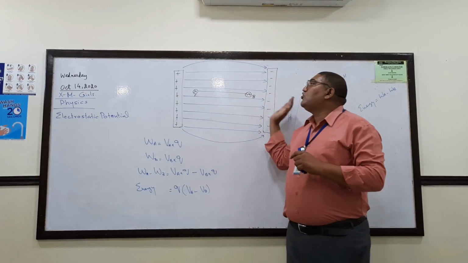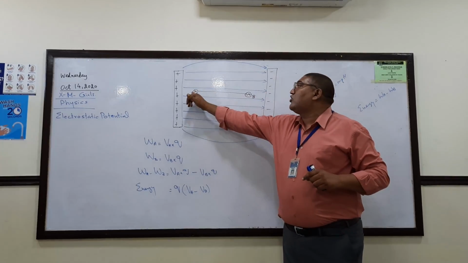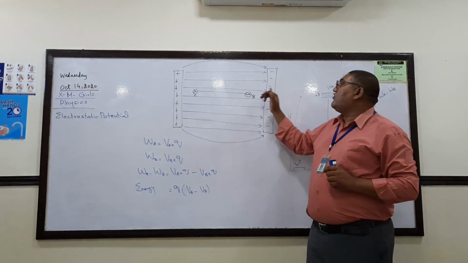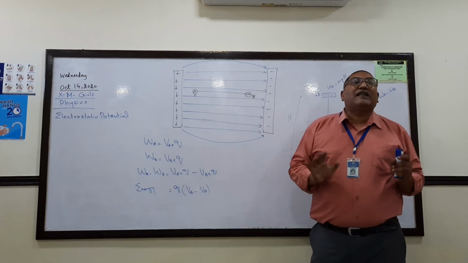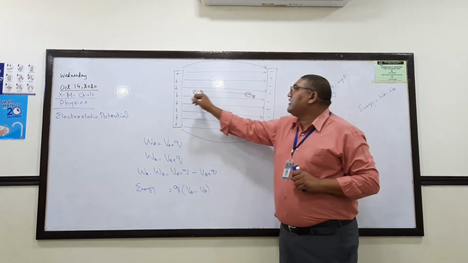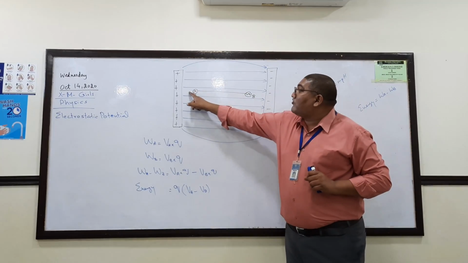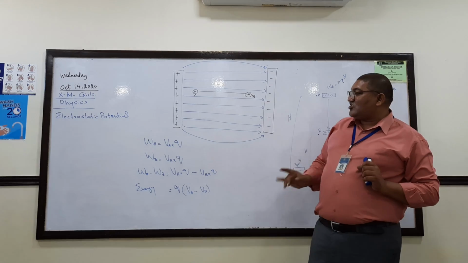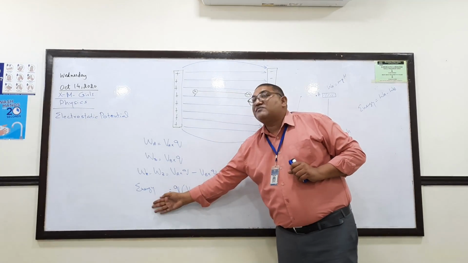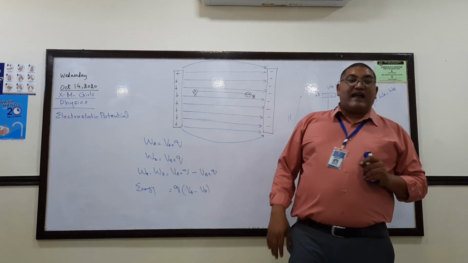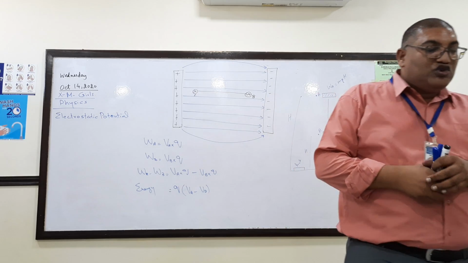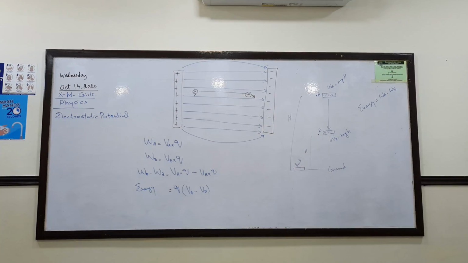Here you have to do more work to bring it to point A. From infinity, if you want to bring it to point B, you have to do less work. So it has high voltage, and low voltage at this point. So when this moves from high voltage to low voltage, this much energy is given out. And that energy can be used to perform some useful work.